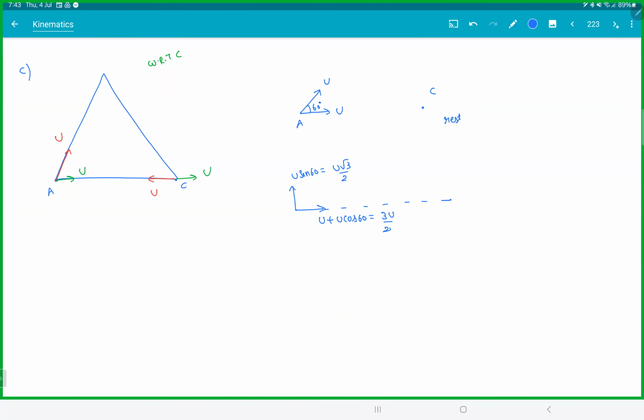So if you ask C what is happening, C will think A is coming towards me with 3U by 2. And therefore, if you want to find the time, that would be the distance AC by 3U by 2.